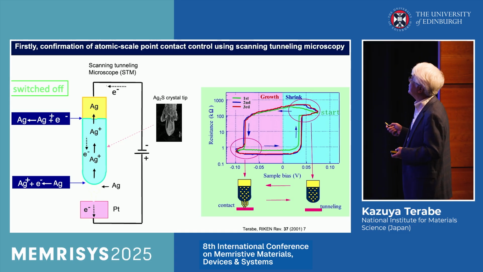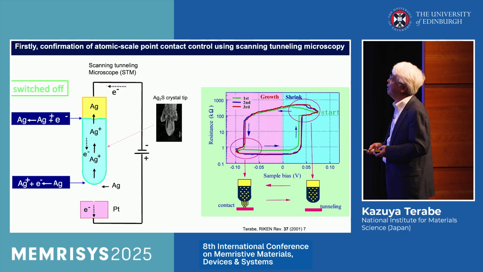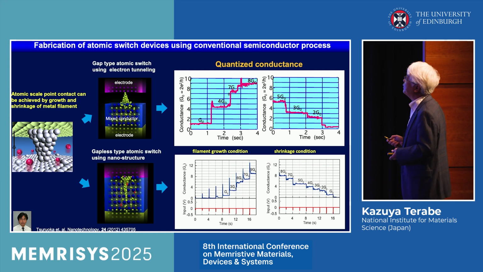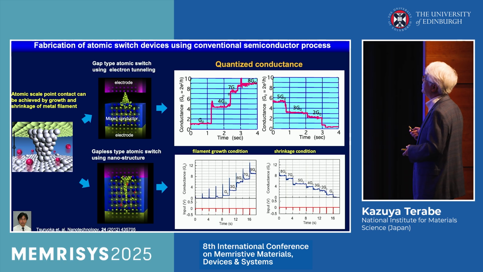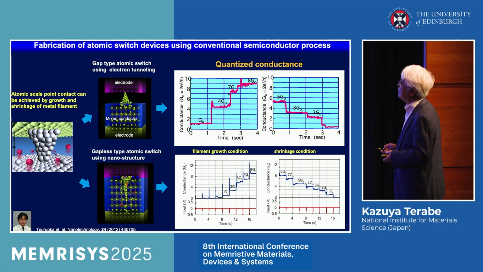So using the STM, in the next step we fabricate the actual device structure. This shows fabrication of the atomic switch devices using the conventional semiconductor process. We have to control the point of contact at the atomic scale. So we fabricate a gap-type atomic switch using the electron tunnel.